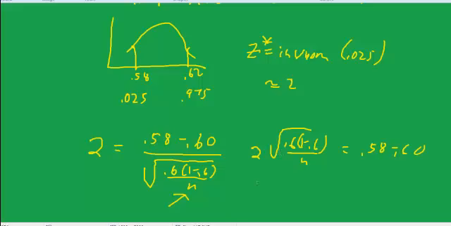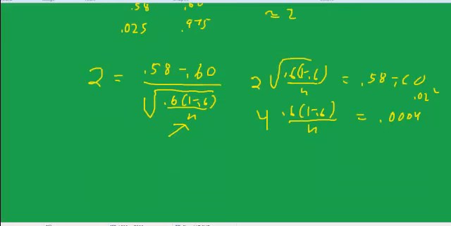Now I can square both sides, and I get 4 times 0.6, 1 minus 0.6 over n is equal to, and we have to square this, that's negative 0.02 squared, so it's 0.0004 maybe? Whatever that is, 0.02 squared. I don't promise that I got that right.